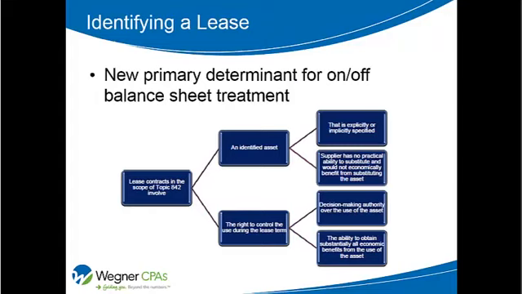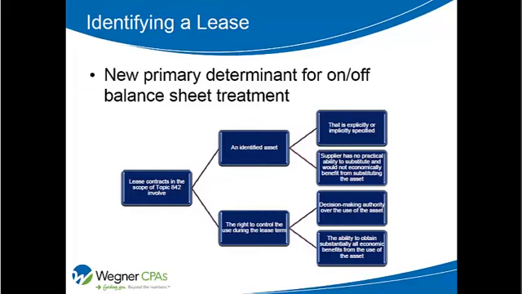So the big question always with leases is, do you have to put them on the balance sheet as a lease liability? Do you have to put them on the balance sheet as an asset? So this is how it's going to be determined going forward. So there's two pieces. If you're going to fall under this new standard, there has to be an identified asset and the right to control the use of the asset during the lease term.